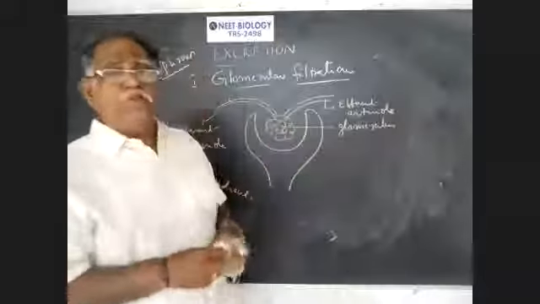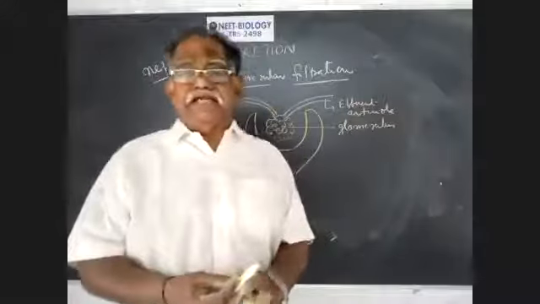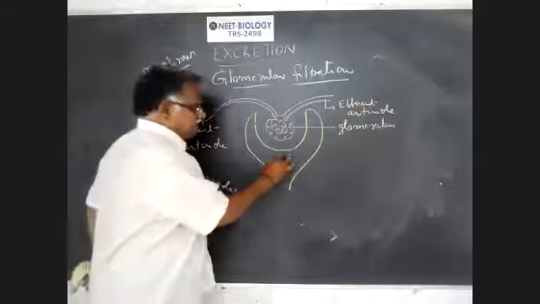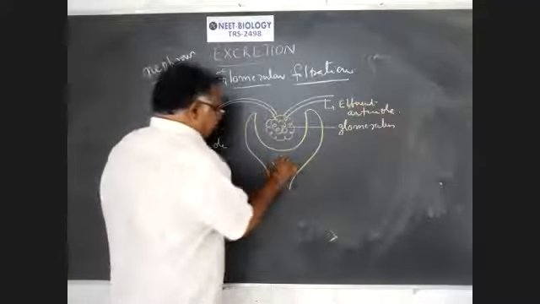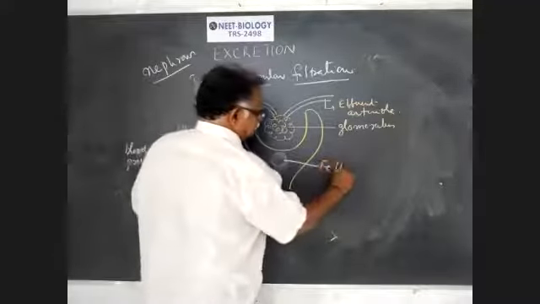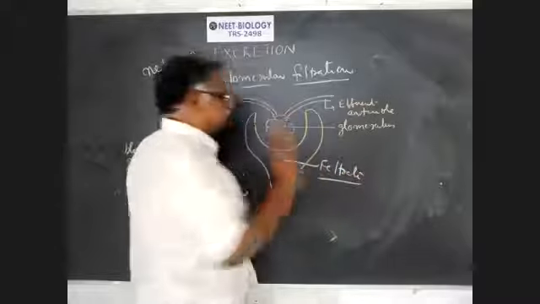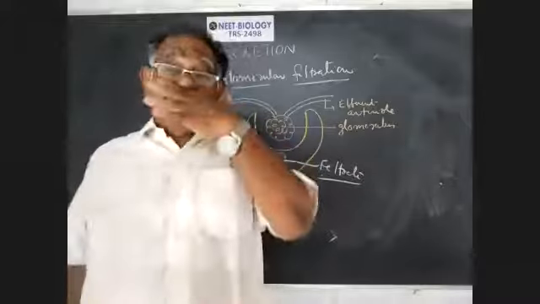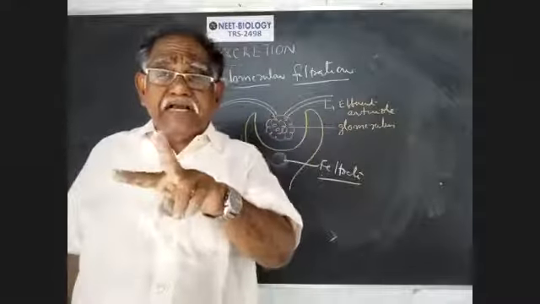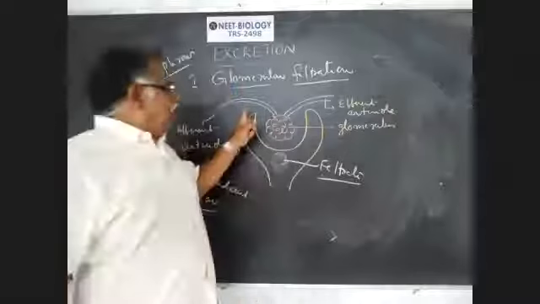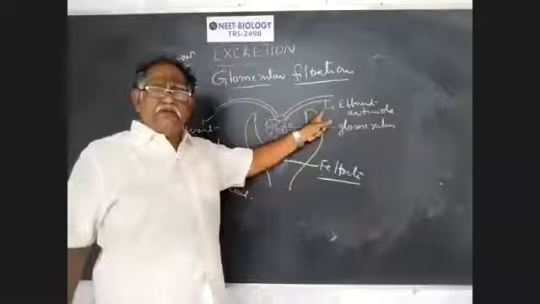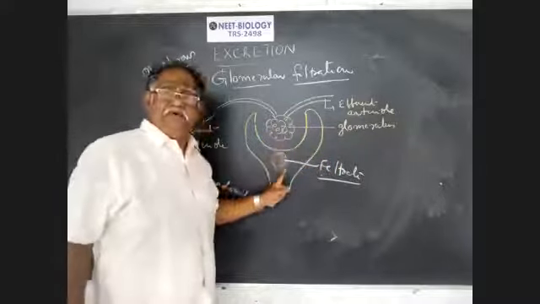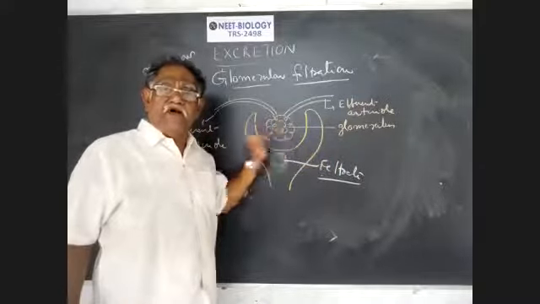So in glomerulus, filtration of the blood takes place, and the liquid that is collected in the Bowman's cup is called filtrate. That is important point. Filtrate.